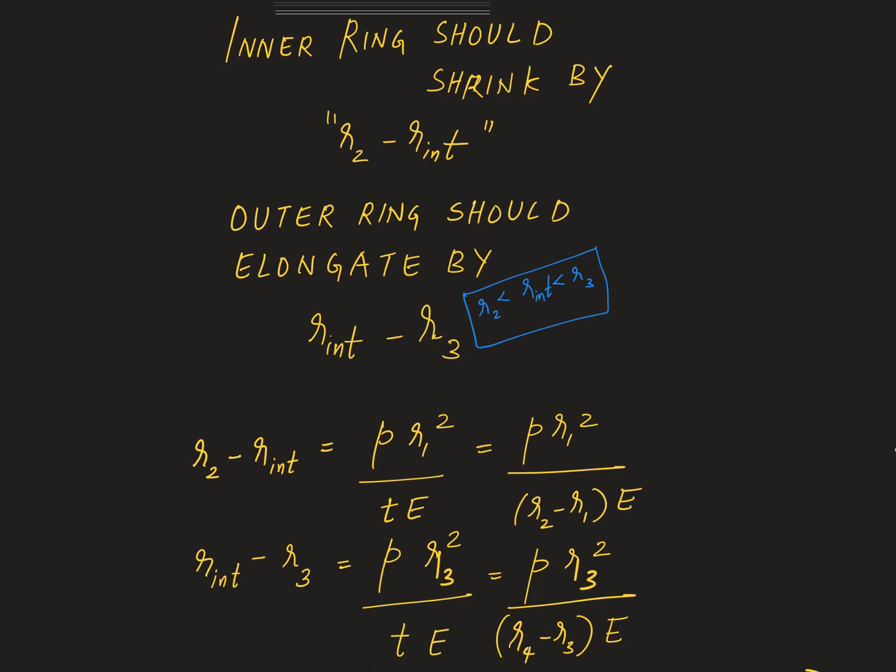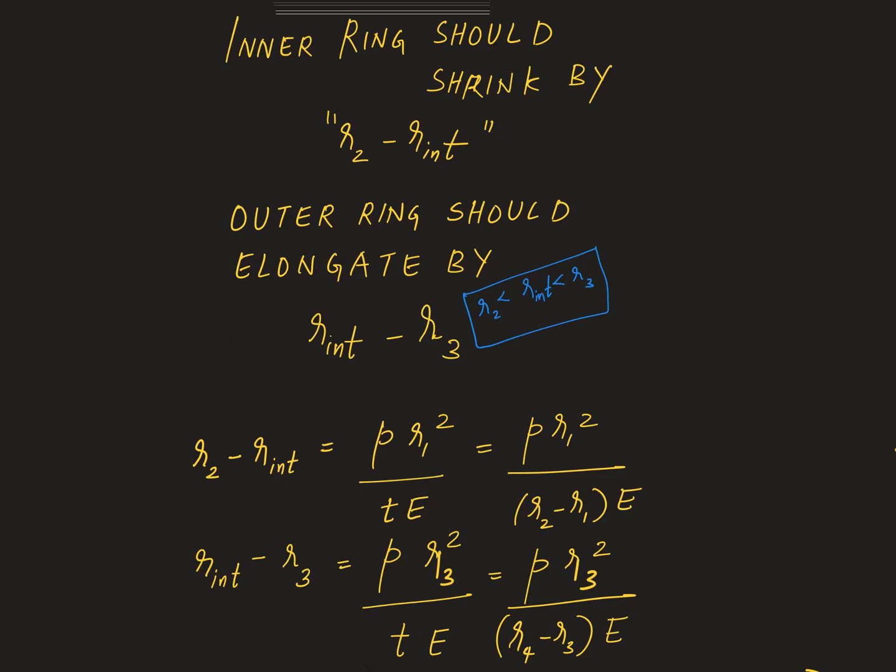Since this is a thin ring, we can interchangeably use either R1 or R2, but in this case I am using R1: P R1 square divided by TE, where T is the thickness. Now thickness can be substituted as R2 minus R1. Make sense? No big deal.